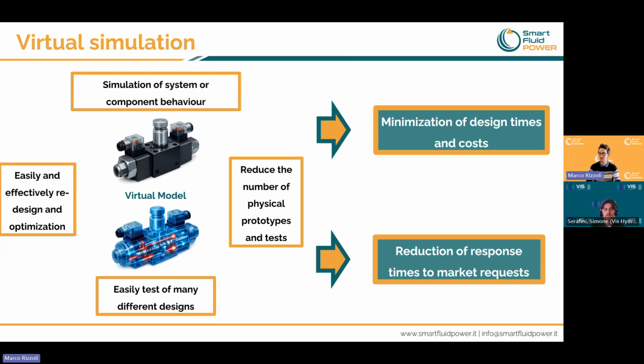With simulation we try to anticipate this feedback. So it is possible for the designer to have a one-to-one ratio from the modification you make in your design to the response of the virtual model. This helps to reduce the costs, but also to have a faster time to market.